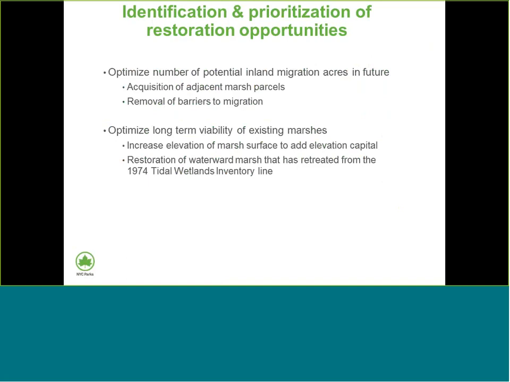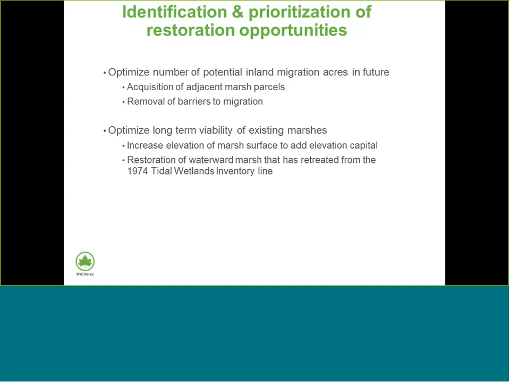And then the same thing, looking at barriers to migration. This is more looking for areas where it will be flooded, but the marsh will not be able to migrate because it's paved, because it's development. So it's mostly roads and things like parking lots.